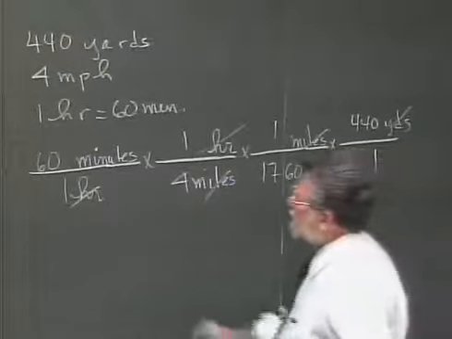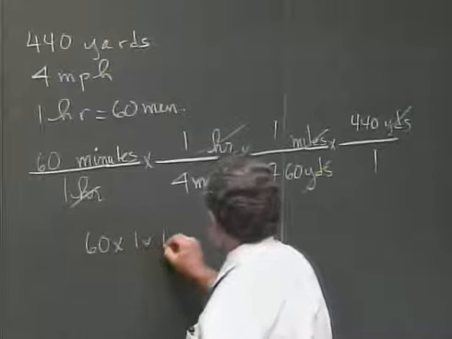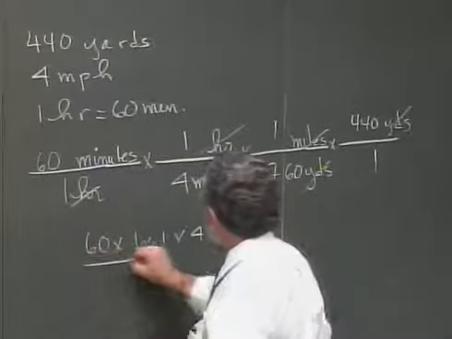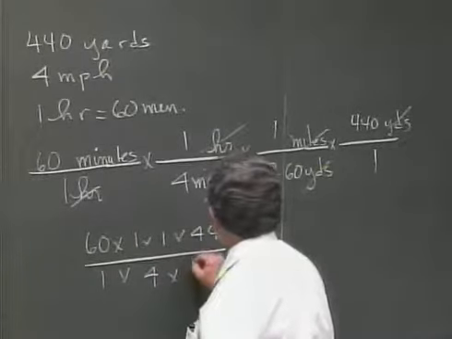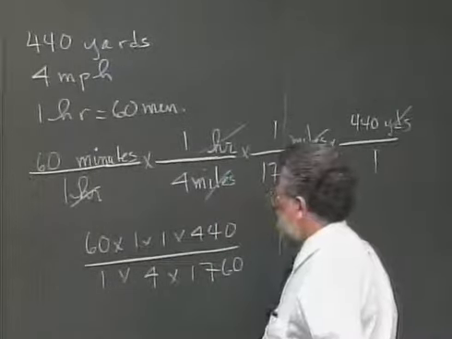So my numbers, 60, a 1, a 1, a 440, and that's over a 1 times 4 times 1760. Okay?